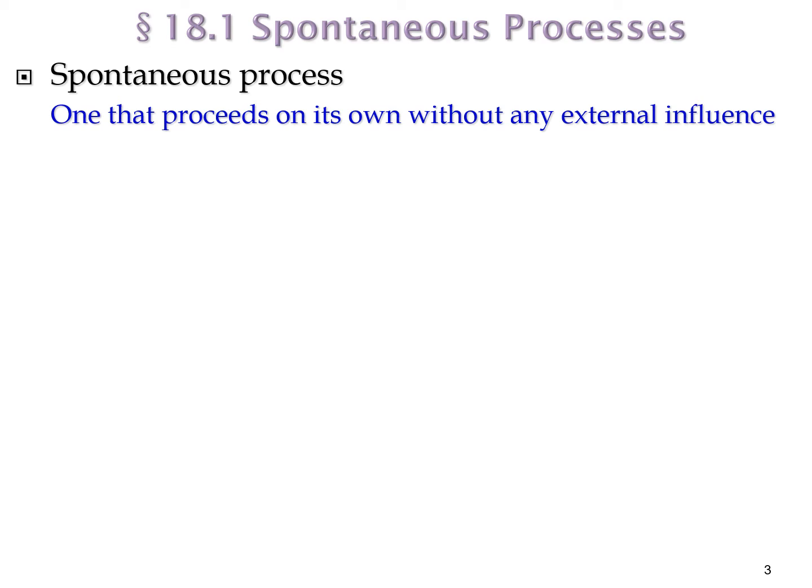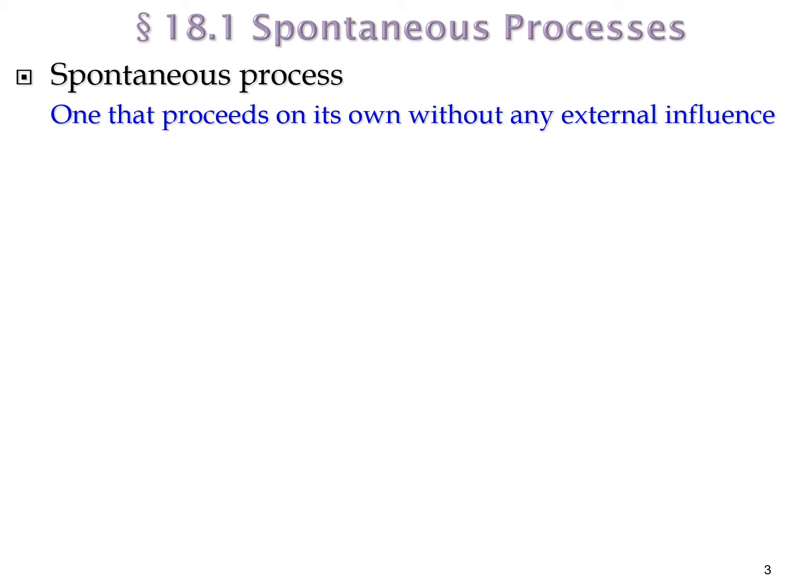All right, now let's talk about a spontaneous process, after we jogged our memory a little bit about some terminologies that we learned from chapter 5. A spontaneous process is a process that proceeds on its own without any external influence. For example, a waterfall.